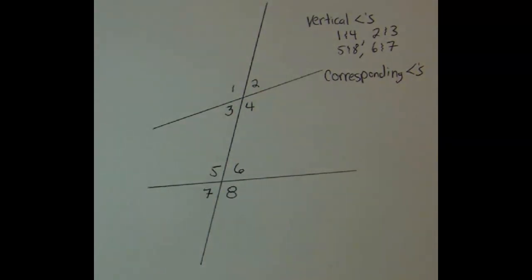When I teach this lesson each year, and I start talking about the word corresponding, a lot of students get confused about which two angles are corresponding, or what are the relationship pairs that make corresponding angles. So I come up with something a little silly that helps you hopefully remember which are corresponding.